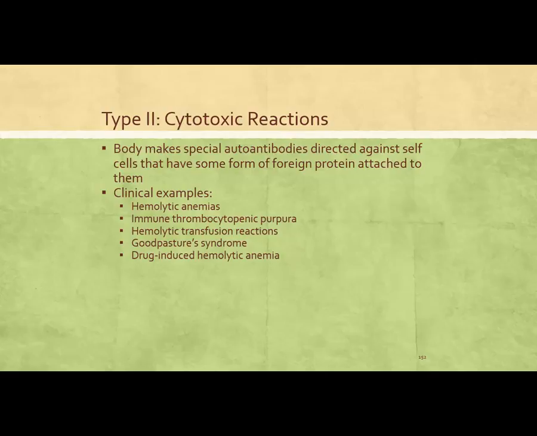So when you are thinking of type 2, that's a reaction of IgG with a host cell or with an antigen, and then that's absorbed by the host cell membrane. So a lot of the autoimmune disorders, such as Goodpasture's, hemolytic transfusion reactions, so your blood transfusion reactions, hemolytic anemias, myasthenia gravis.